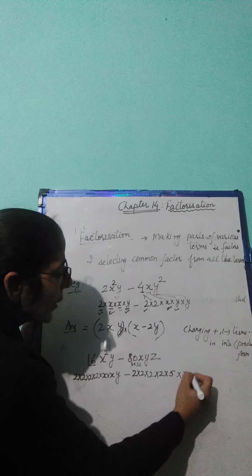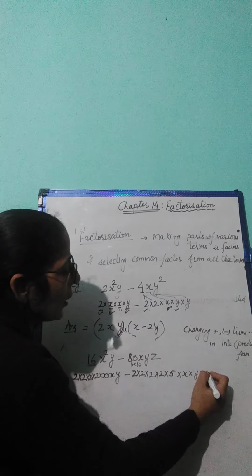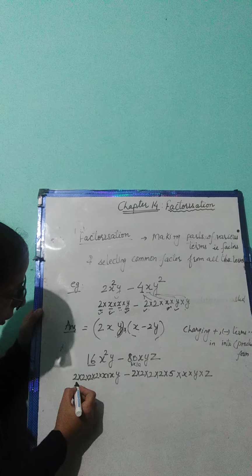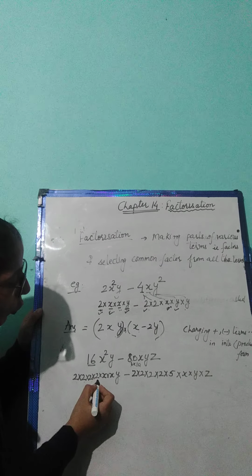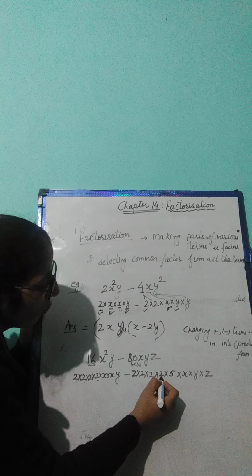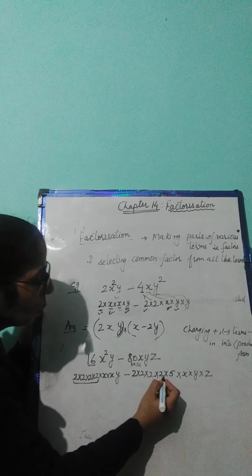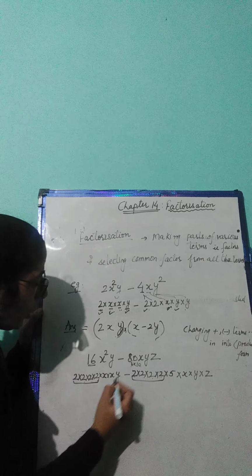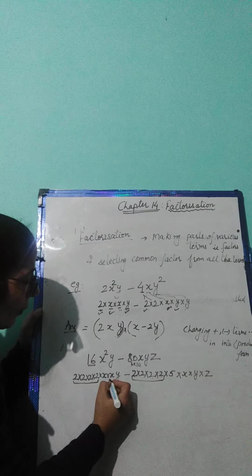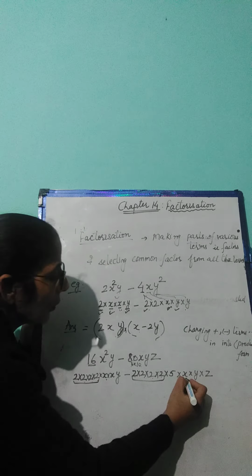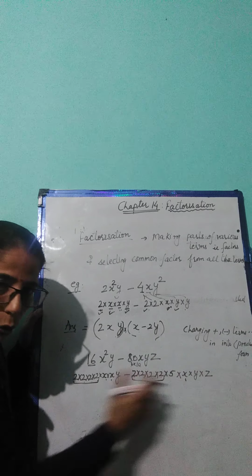Now x, y, z. Now I have to search how much is common. 1, 2, 3, 4. 4 times 2. 1, 2, 3, 4. 4 times 2 here. So all the four 2s are common. It is having 1 time x here. It is having 2 times x there, but this is having only 1 time x. So what is common?